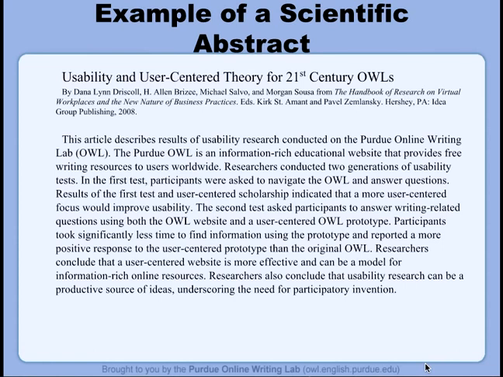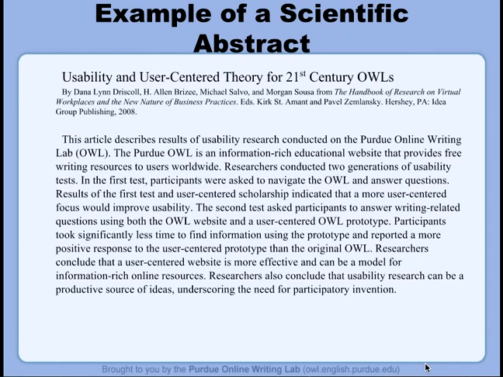Researchers conducted 2 generations of usability tests. In the first test, participants were asked to navigate the OWL and answer questions. Results of the first test and user-centered scholarship indicated that a more user-centered focus would improve usability.